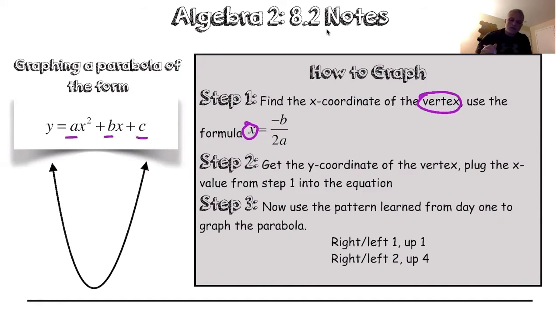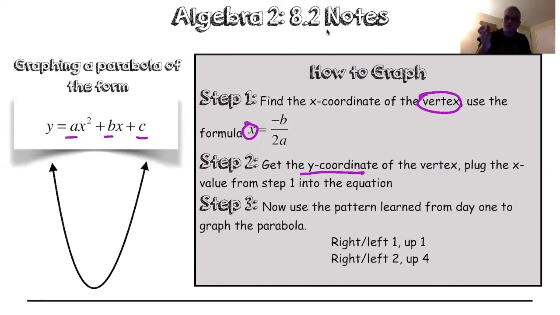So all we need to do to figure out the x coordinate of our vertex is this right here. We take the opposite of b and we put it over 2 times a. I'm not going to say negative b, because if b is negative, then negative b would actually be a positive number. So I'm going to say the opposite of b over 2a. That gives me my x. Once I know my x, step 2 is get your y coordinate.